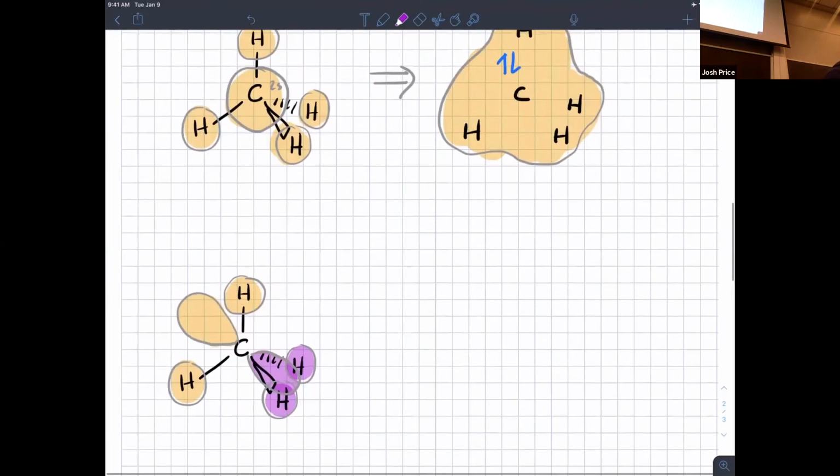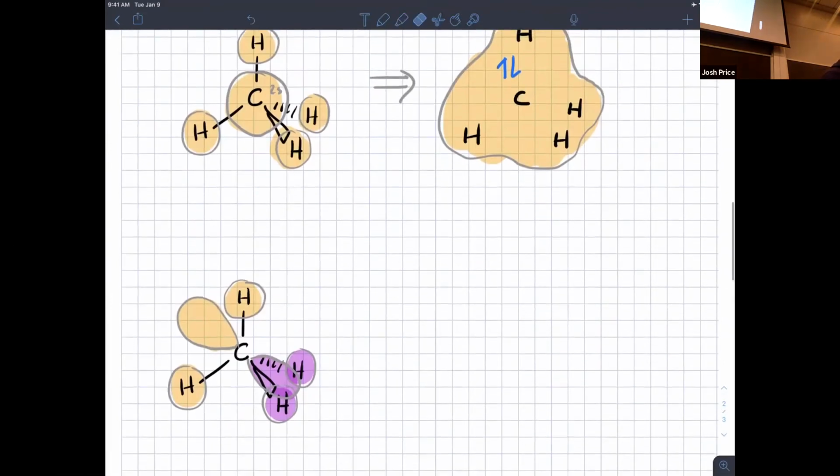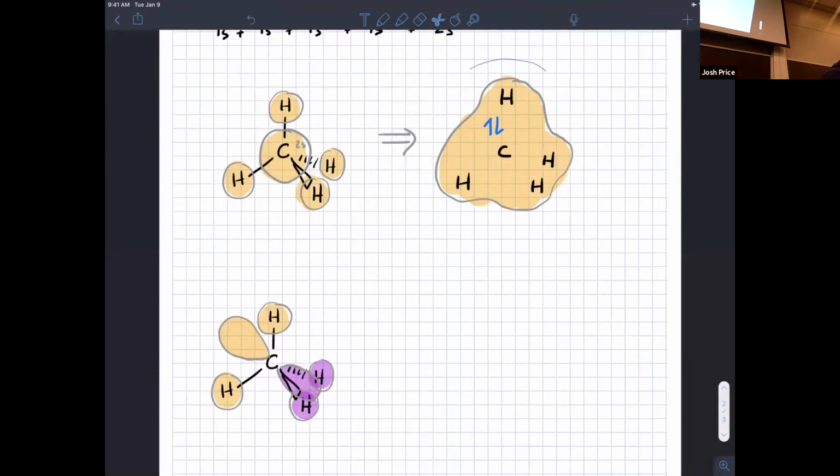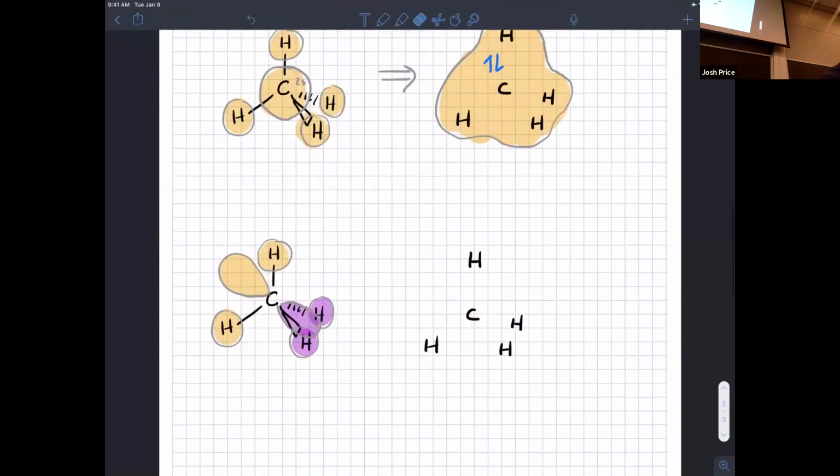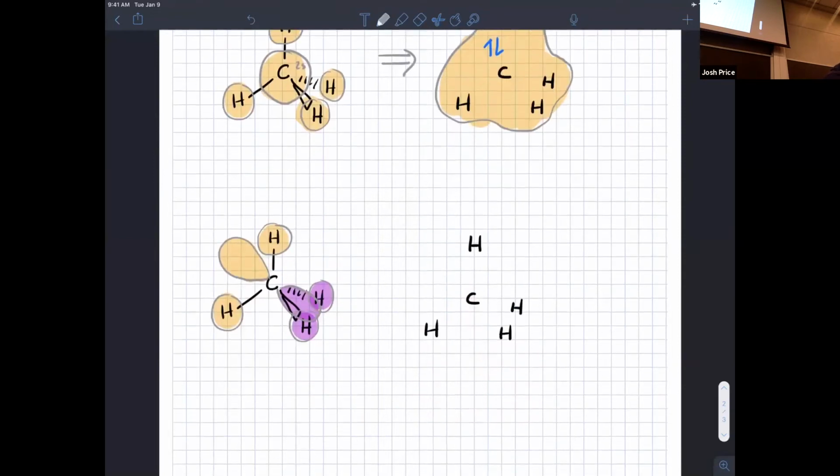If we were to try to draw what this looked like, oops, I didn't want to cut, I wanted to paste. There we go. Here's our tetrahedral array of hydrogens around a carbon. We would have one sort of hot dog shaped lobe that would envelop the two hydrogens. So there'd be a node at the carbon.